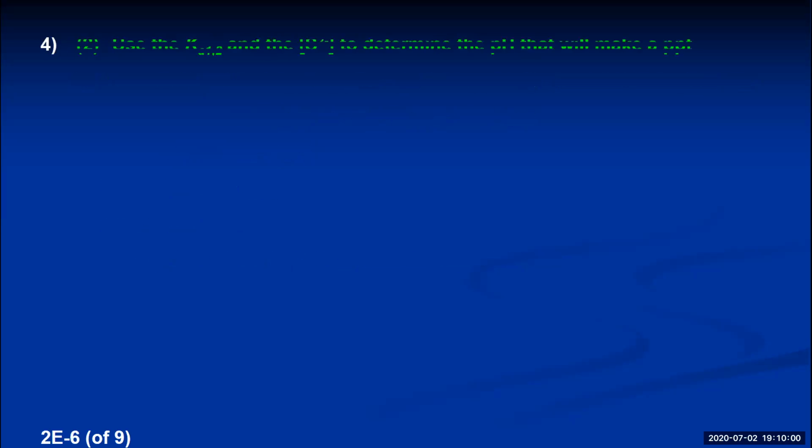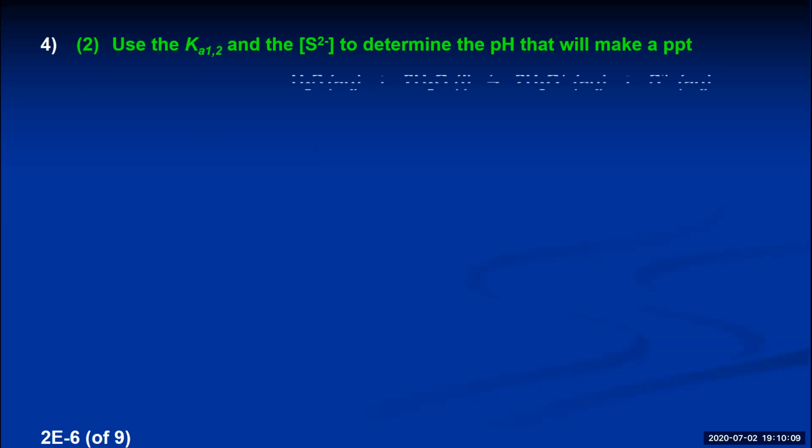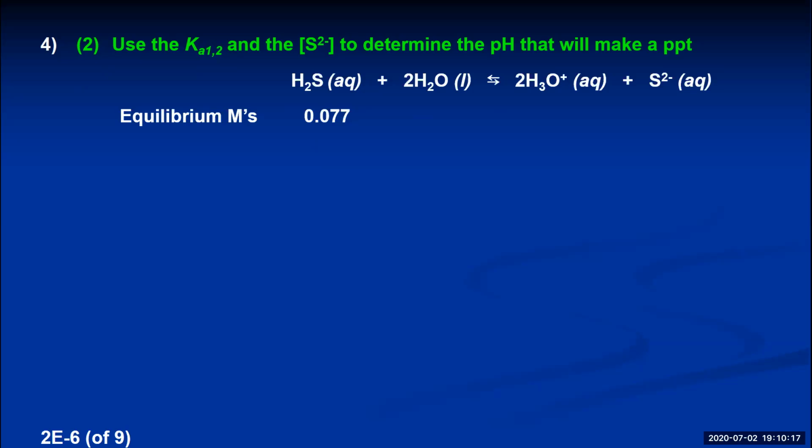And so now in the second part of the problem, we're going to use the Ka12 and the sulfide concentration we've just calculated to determine what pH will make a precipitate. Here's the Ka12 reaction for the diprotic acid H2S. And we now know that in a saturated solution, its molarity is 0.077. We're going to solve for the hydronium ion concentration, and we need the sulfide concentration to be 3 times 10 to the minus 21st.